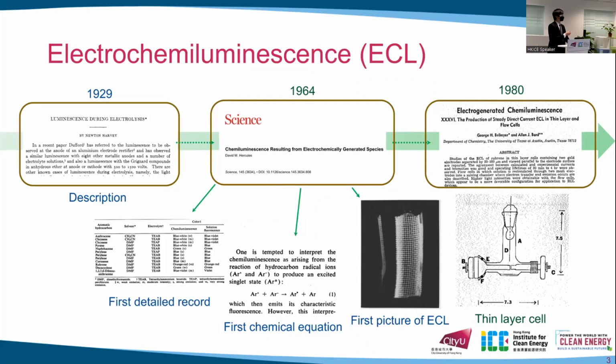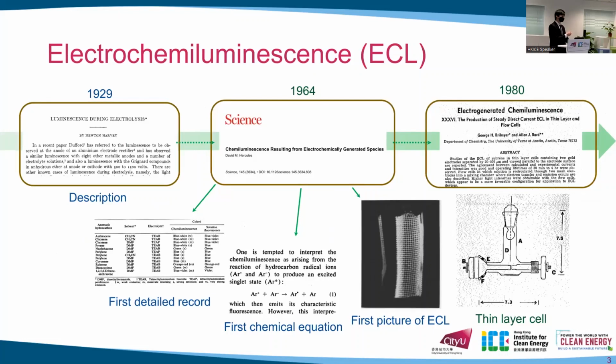Later, in 1964, there was a very detailed record of the experiment, illustrating the first chemical equation of ECL. This gave us a very good foundation for further research on this event.